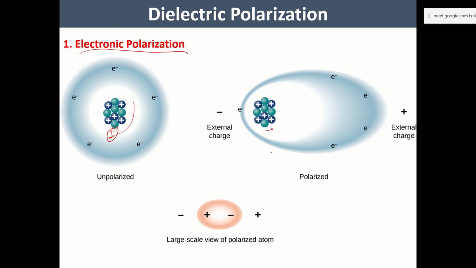But once you apply the electric field, the center of positive charge is here, the center of negative charge is somewhere this side, so you have a net dipole moment produced. This is the polarization that we talk about. Because of the distortion produced in the electron cloud, there is polarization, and a dipole moment is developed.